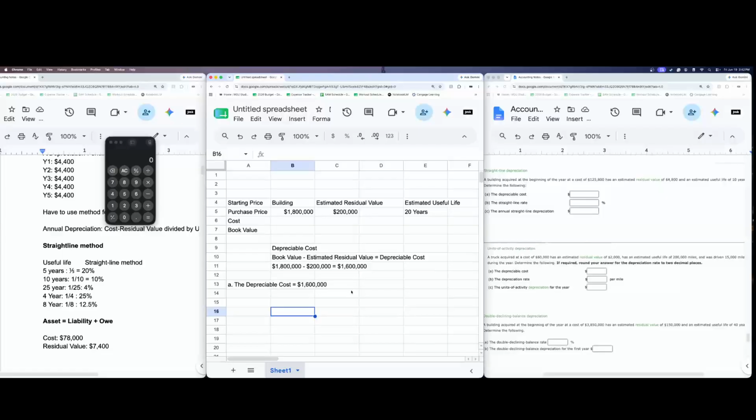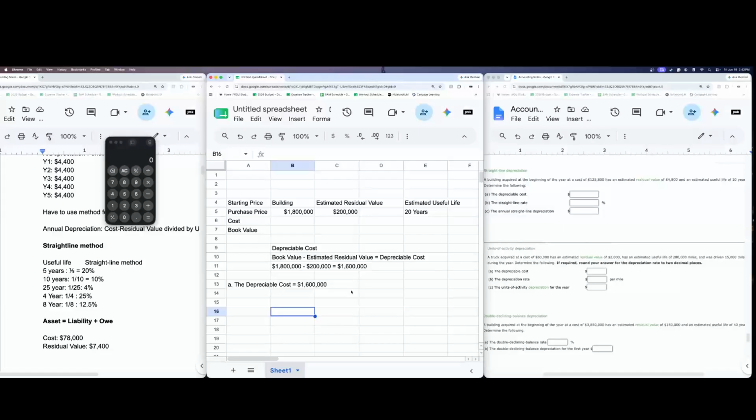But for straight line, the residual value is deducted from the book value to get the depreciable cost, and that depreciable cost is what's going to be deducted. Let me show you what I mean.